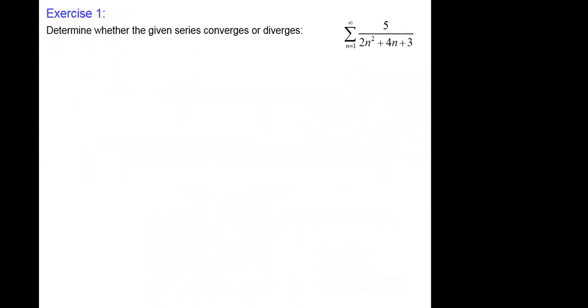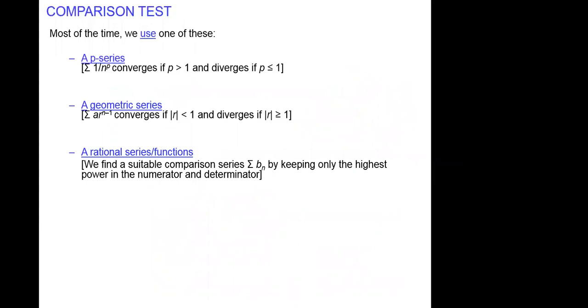Okay, that means this is some information, some hint maybe, like how to use the comparison test, what to compare with the original formula. If we have a ratio of two polynomials, it's always nice to keep... kind of like the first one and the third one is almost the same.